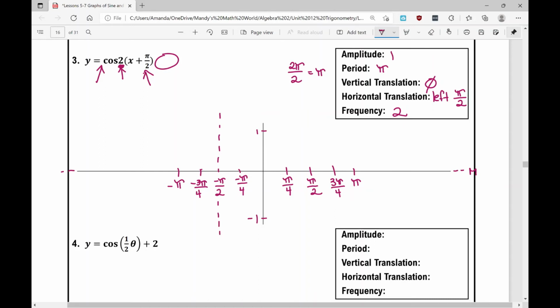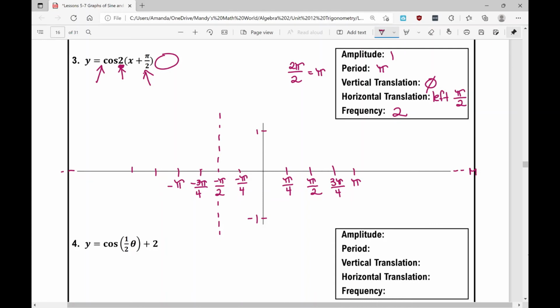So there's my new starting point, and I'm going to need to add 2 more tick marks here, because I want to graph a full cycle to the left of that phase shift and a full cycle to the right of that phase shift. It's a periodic function, it's going to repeat the same pattern, but I think that's a good general strategy whenever you're just starting to graph sine and cosine functions.